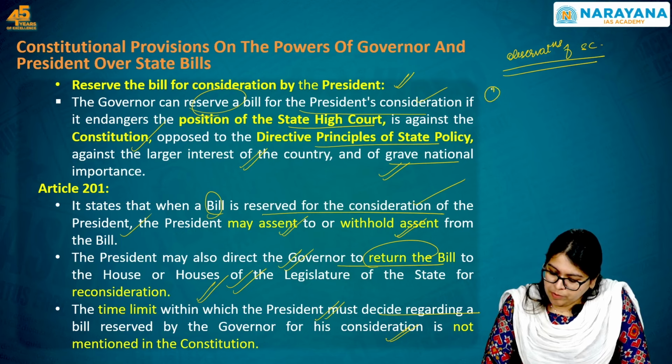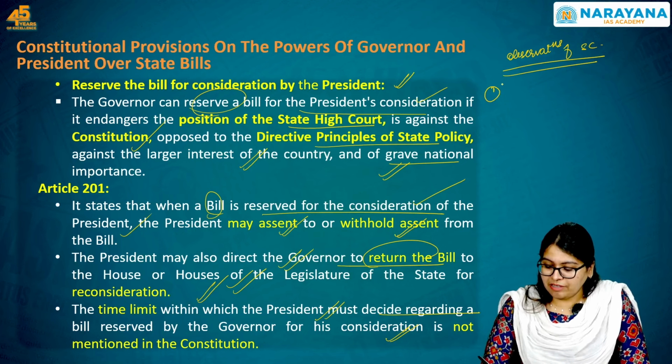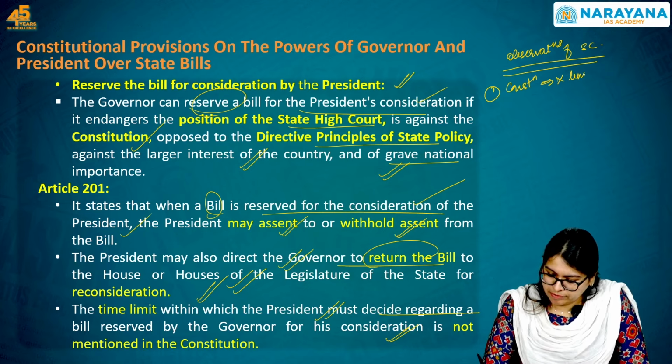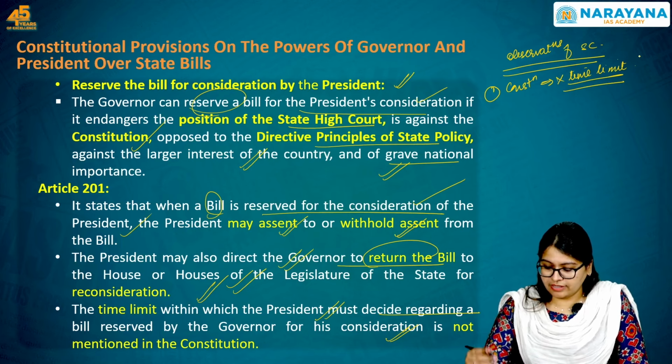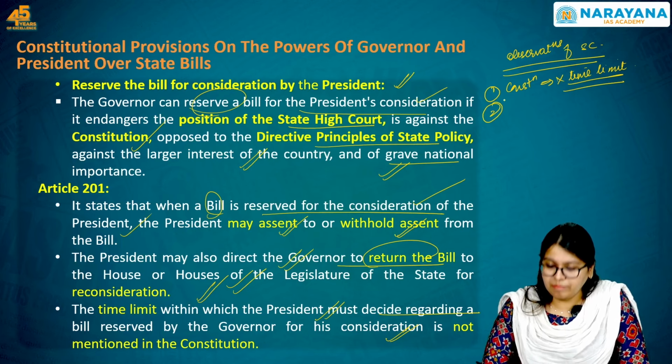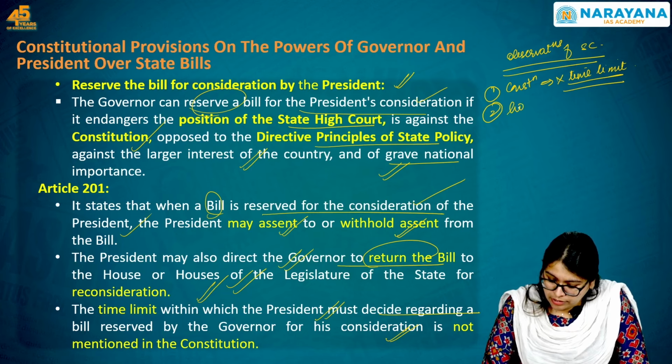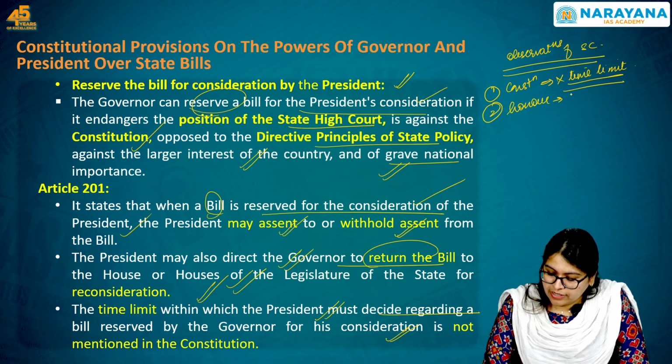So, a Supreme Court bench had recently clarified that, yes, it acknowledged the fact that the Constitution does not impose any kind of time limit on the governor under which he has to give assent to the bill. But at the same time, the governor must honor the will of the legislature and must act in harmony with the Council of Ministers.